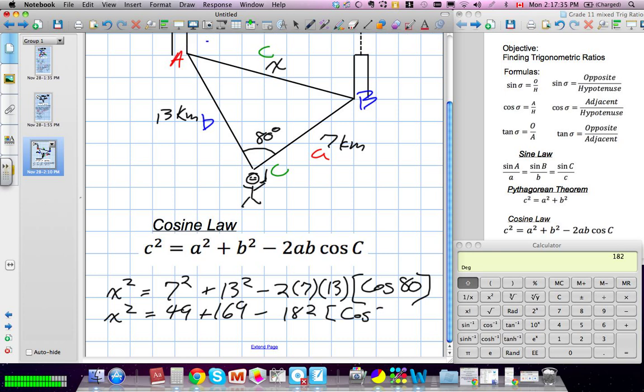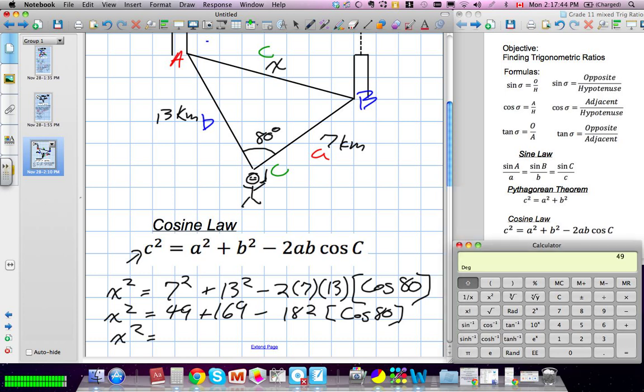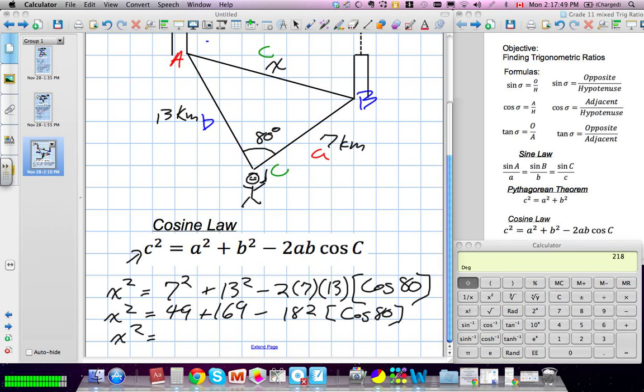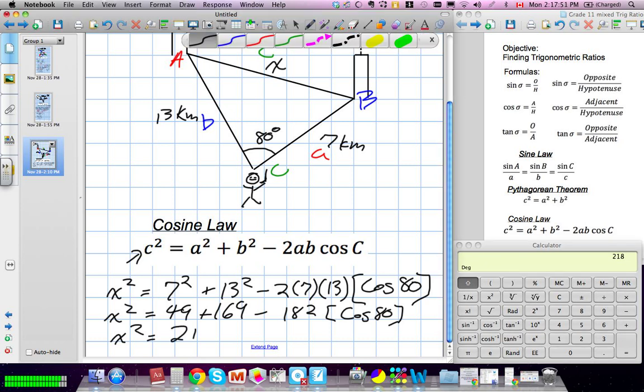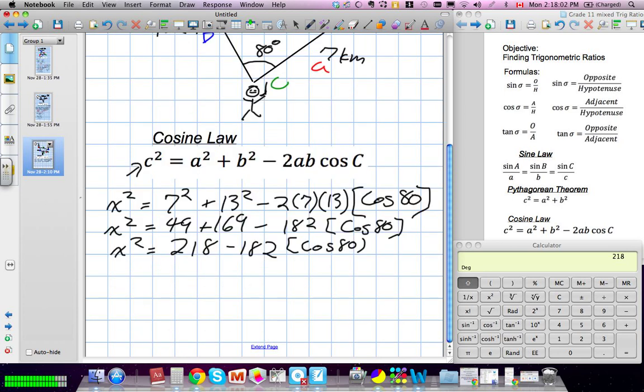It's x squared because the original was c squared. X squared is equal to 49 plus 169, 218 minus 182 cos 80. Okay. Now what we're going to do is we still have our x squared is equal to 218.